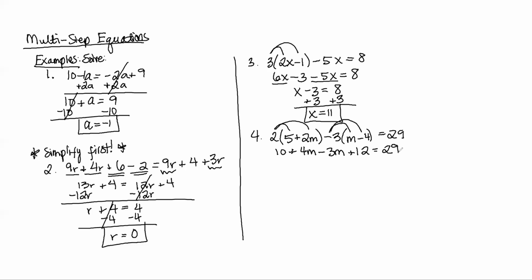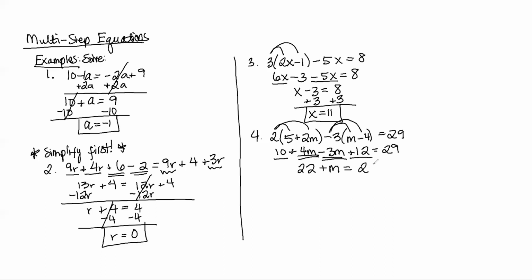And now let's combine like terms. So we have 10 plus 12 is 22. 4m minus 3m gives us 1m, and it's positive, so plus m. It doesn't matter if you have these switched around; m plus 22 is actually the better way to write this.